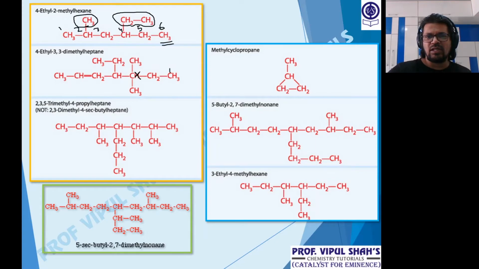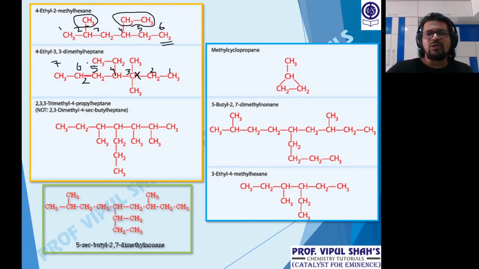So this is 1, that's 2, that's 3, 4, 5, 6, 7. Again a mistake here. This should be CH2. If it's a double bond, it's a different thing. It looks like a double bond, but it has to be single, because then the IUPAC would be wrong there.